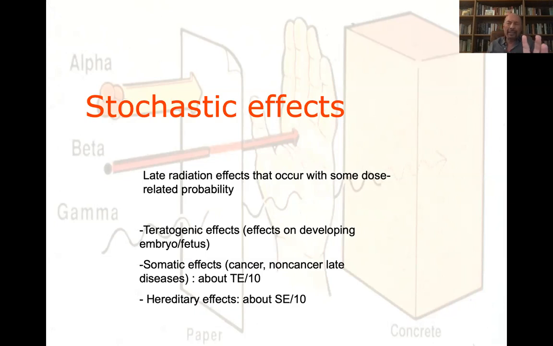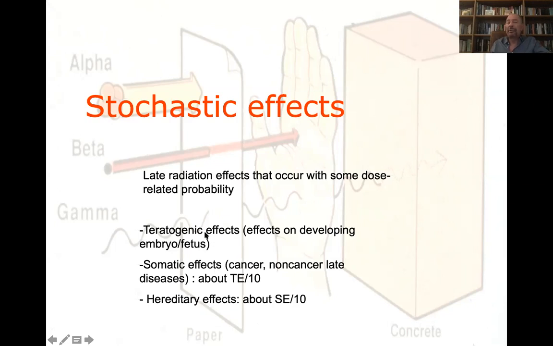We will spend most of our time on somatic effects, so on carcinogenesis. This is by far the most important stochastic effect. But to give you an idea, just a rough order of magnitude for your memory, if teratogenic effects occur with the probability of 1, somatic effects are 1 over 10.